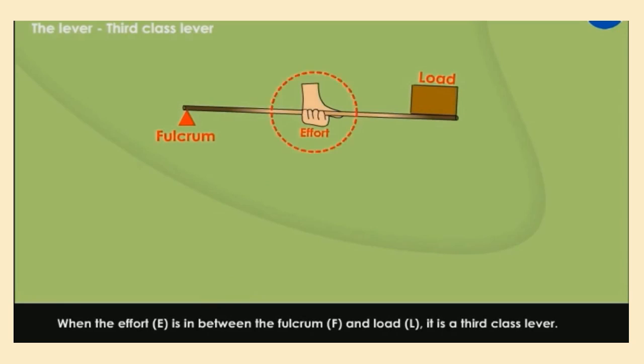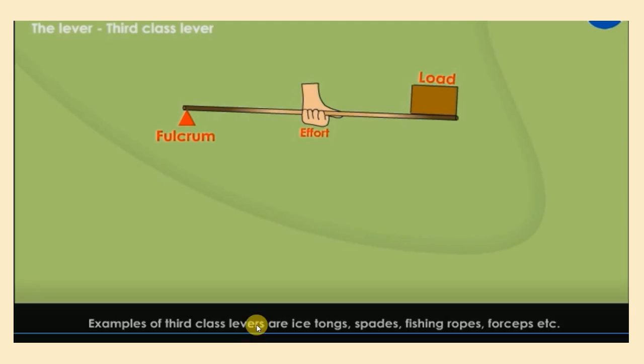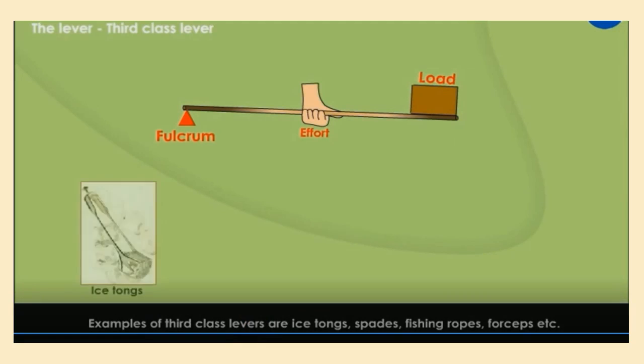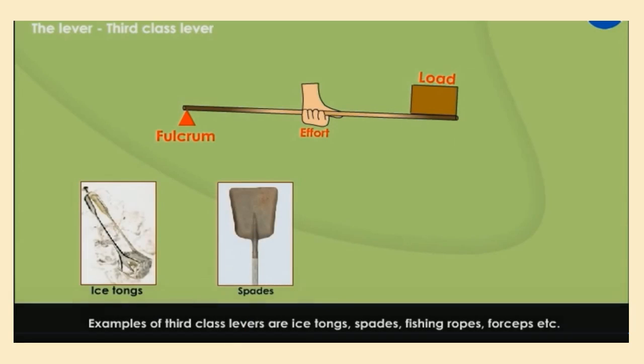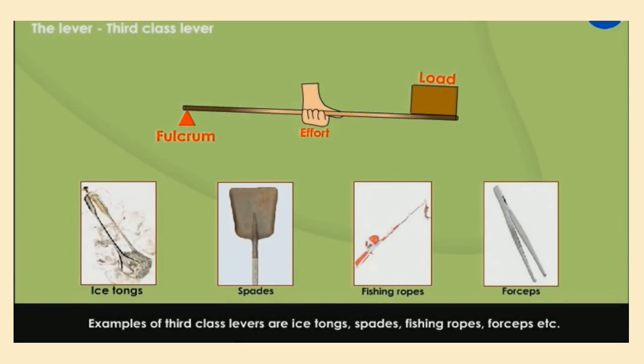Third class lever. When the effort E is in between the fulcrum F and load L, it is a third class lever. Examples of third class levers are ice tongs, spades, fishing rods, forceps, etc.